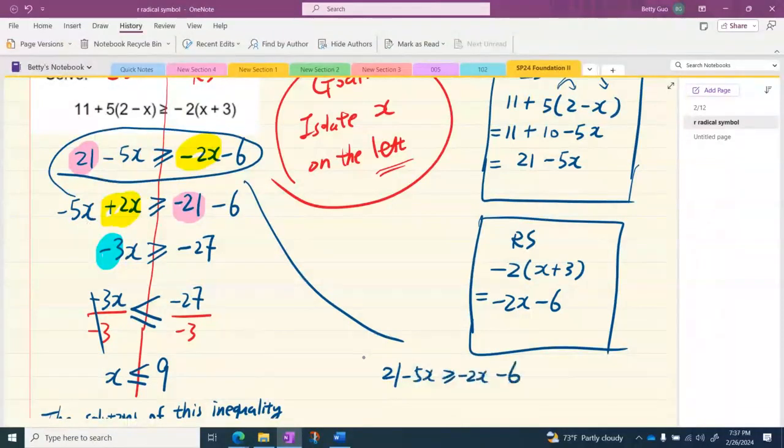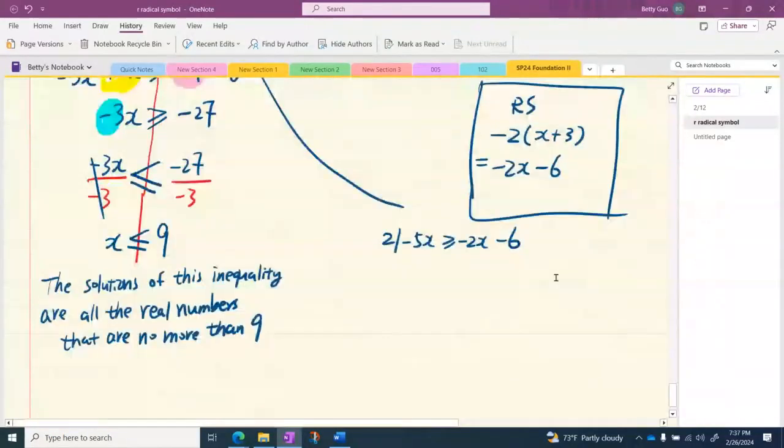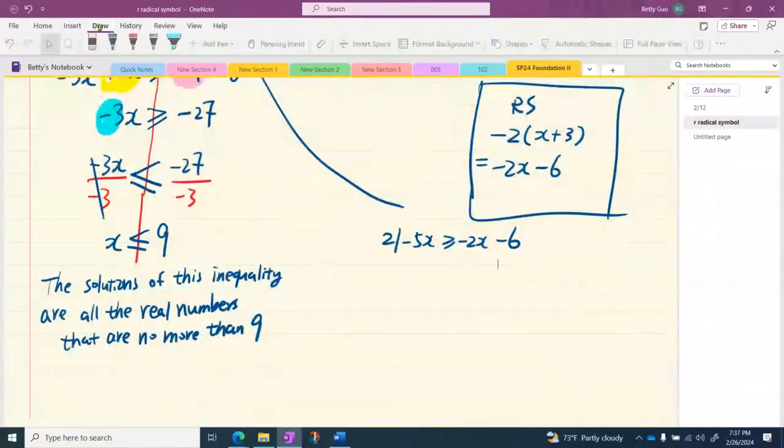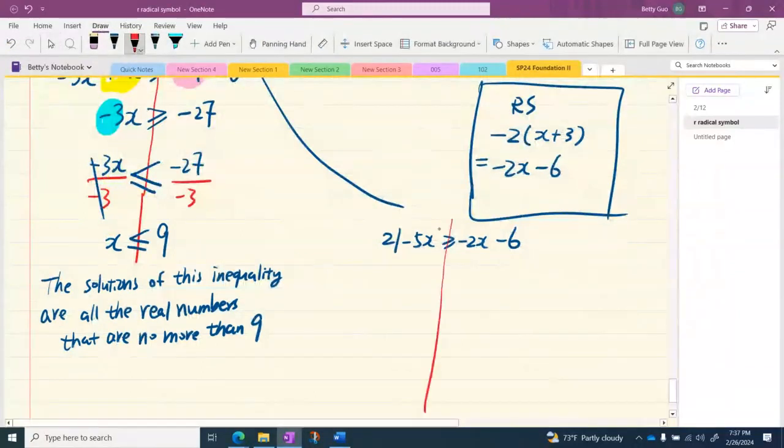That's a very good idea, because if you can foresee the other way can get rid of the negative sign, then why not, right? This time we are going to keep the inequality symbol here, okay? We have no reason to make any change to that at this point. So we keep -2x here, and then we move -5x over, we have +5x.